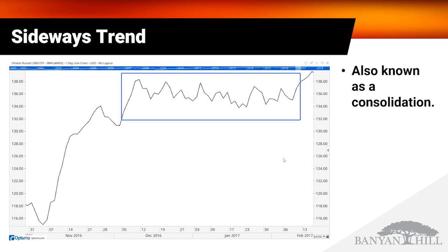Here's the sideways trend. It's a consolidation. One way to think of it is to almost think of the market in human terms. This was a strong rally that we saw here on the left side of the chart. After running for an extended period of time at a rapid rate, any normal human is going to need some time to rest.